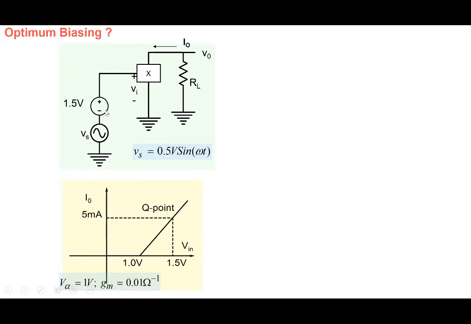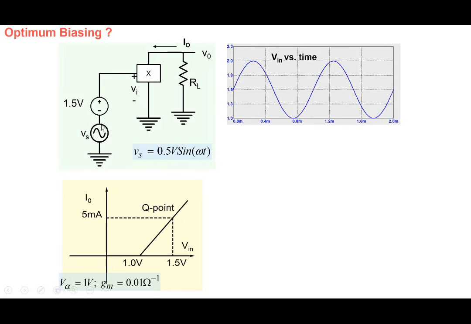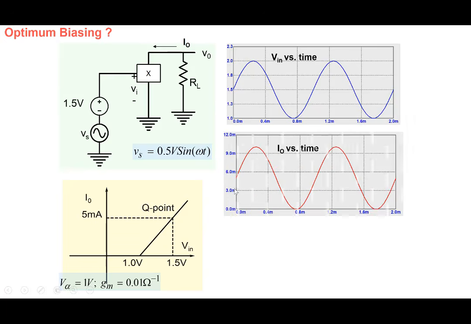Well, 1.5 may do the trick for us because Vs is 0.5 sine omega t here. So if we take 1.5 as the bias point, and Vs is 0.5 here, then this input will go from 1.5 to plus 0.5, and then here it goes to 1. So that's how the input looks. And I naught will also go like this here.